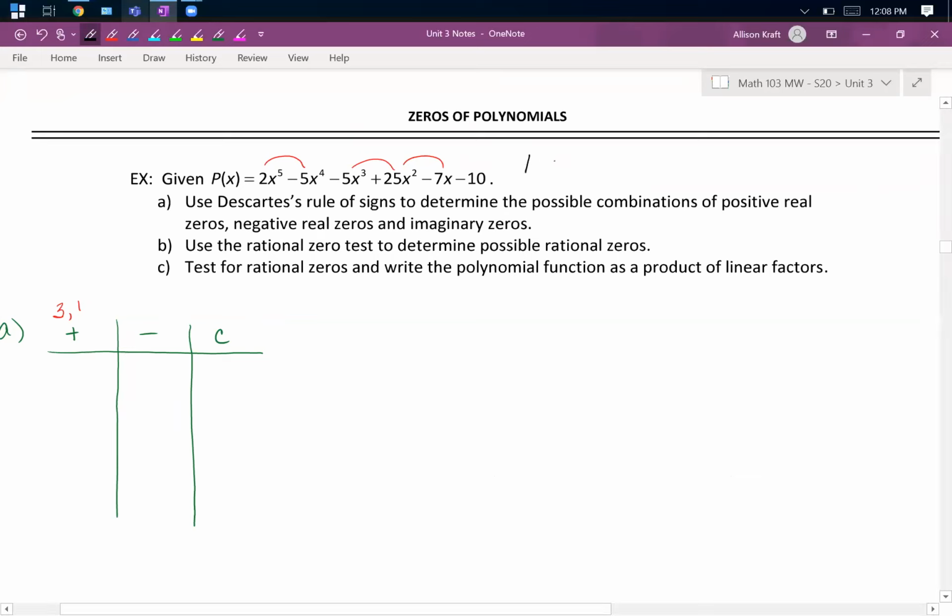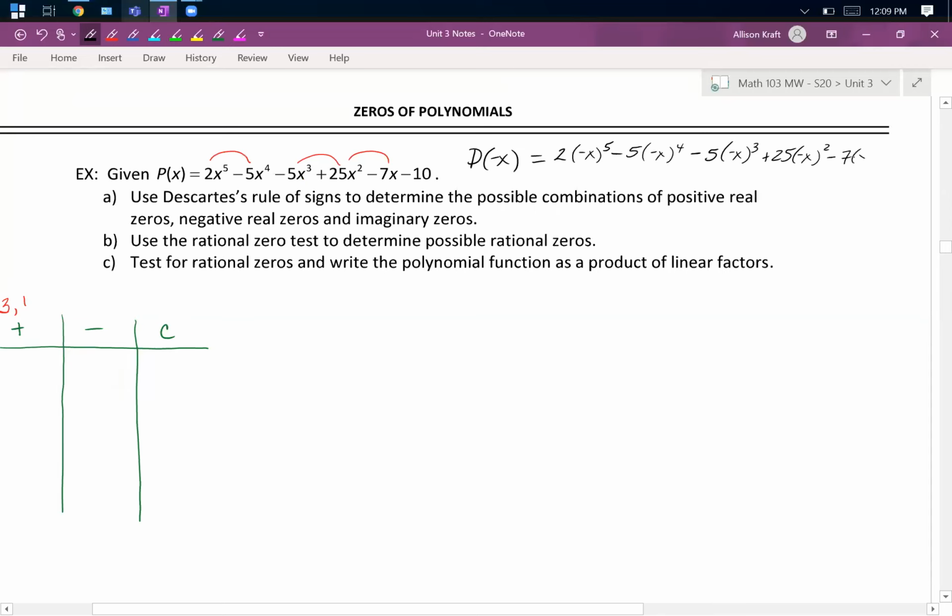And we're going to look at the number of sign changes in p of negative x. All right, then we're gonna clean it up.